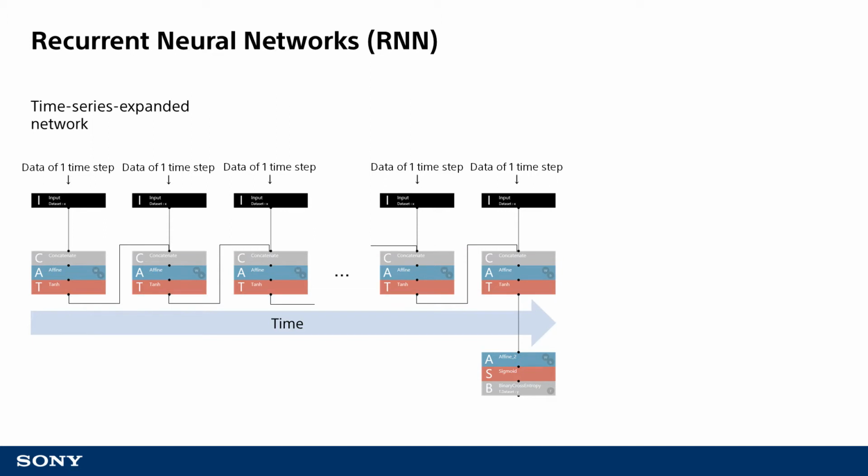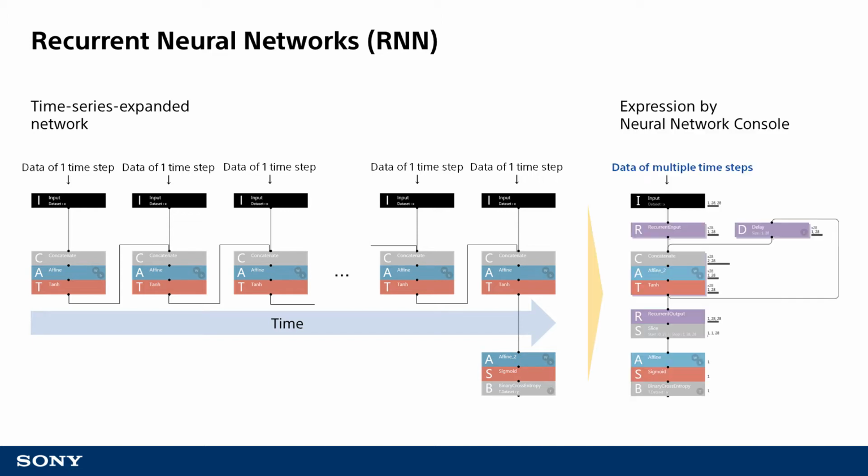RNN has such a structure that it can realize processing such as classification in consideration of time series while inheriting the past information. When expressing RNN as feed-forward neural networks by expanding it in the time direction, it becomes quite complicated, especially in the structure of LSTM, which I will explain in this video.